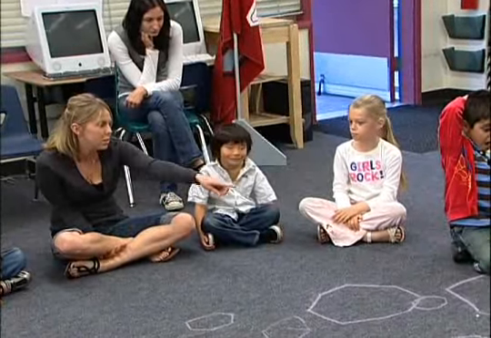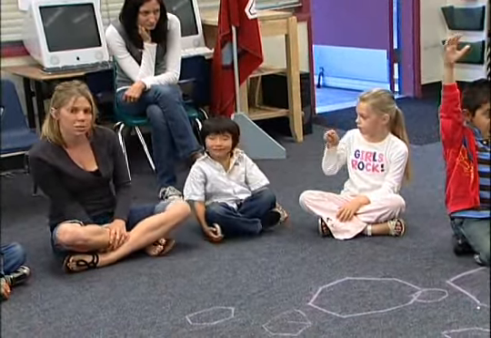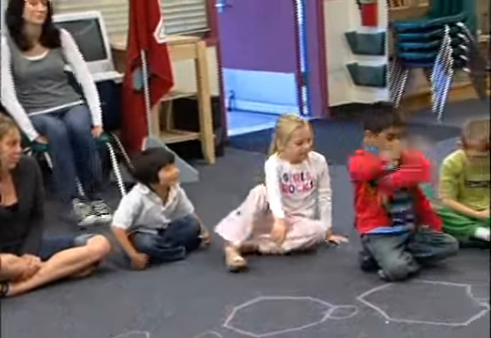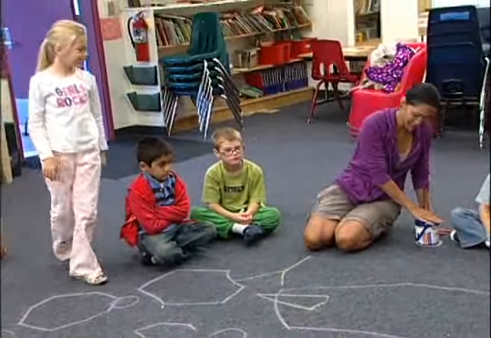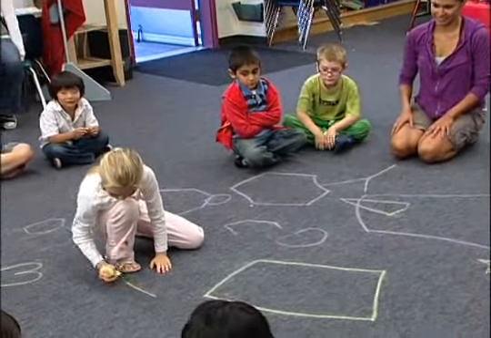A rectangle. Remember we did that big purple rectangle? No, I know. I thought it was oval. Caitlin, what is it? A diamond. Ah, you read my mind. Diamond.